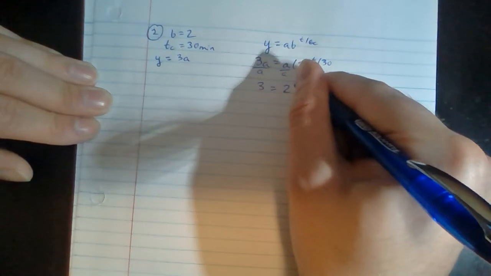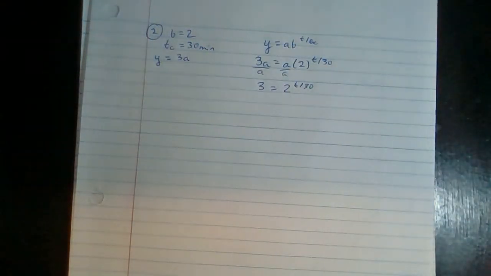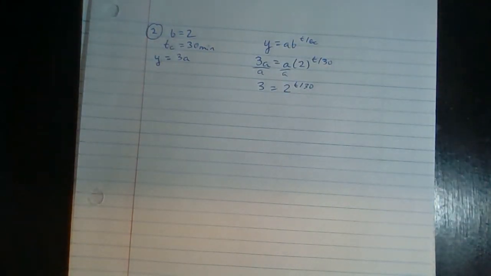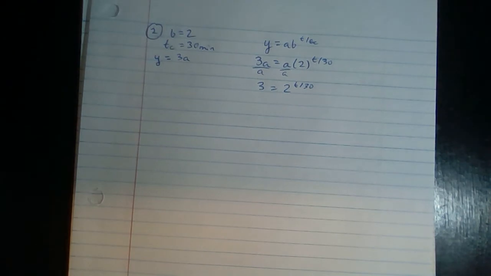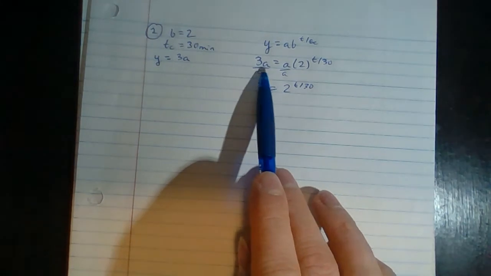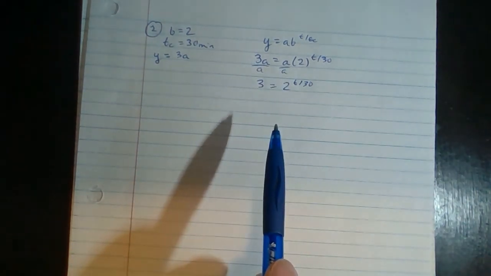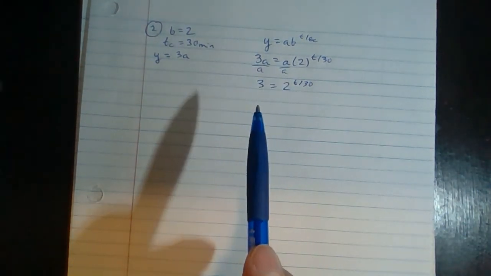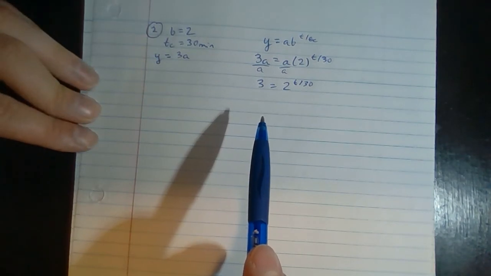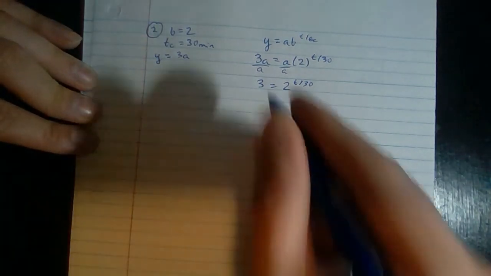So we don't care what the final population is. We don't care what the initial population was. All we need to know is that it was some factor times the initial population, and that allows us to fully cancel out A. So 3 equals 2 to the T divided by 30.